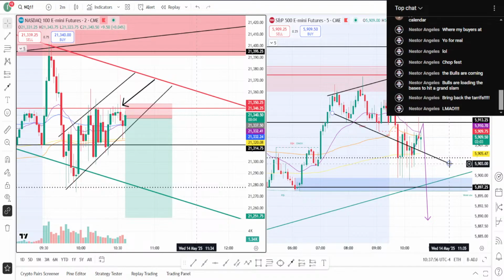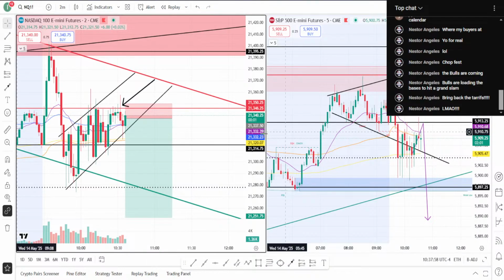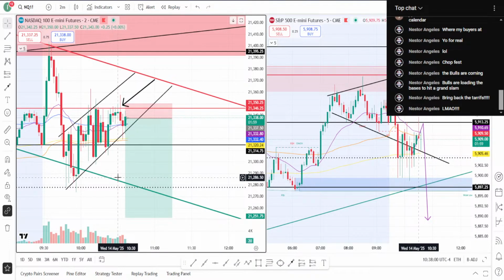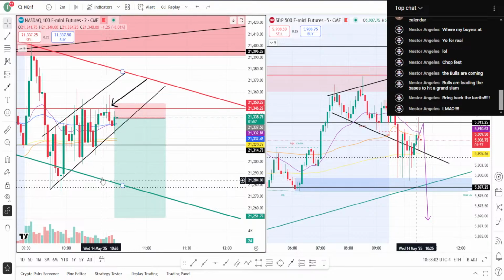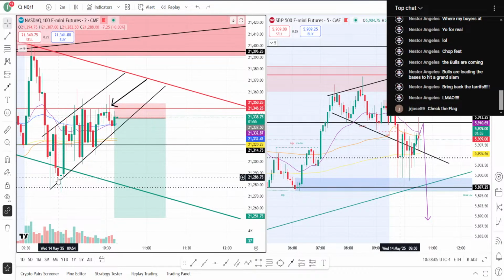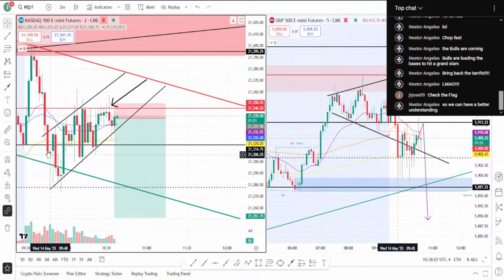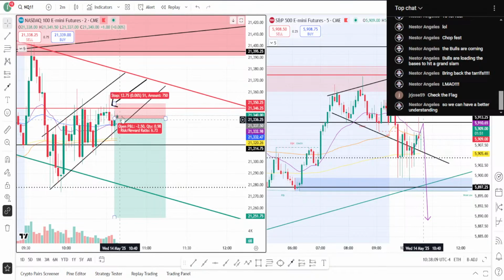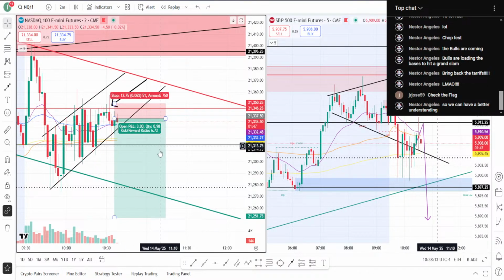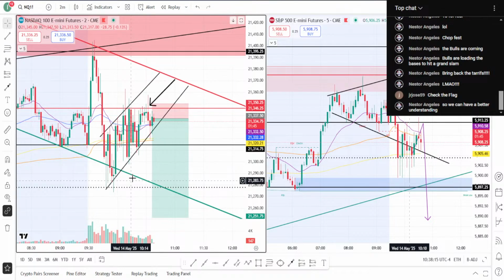Yo. Let's see. There's definitely a big move coming. This is a consolidation. So whenever you have a consolidation like this, there's a huge move coming.